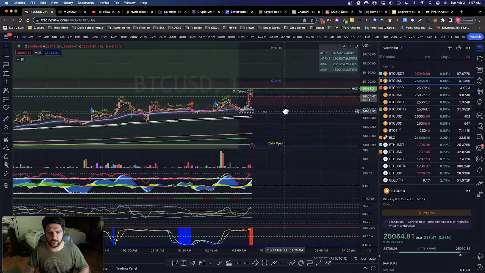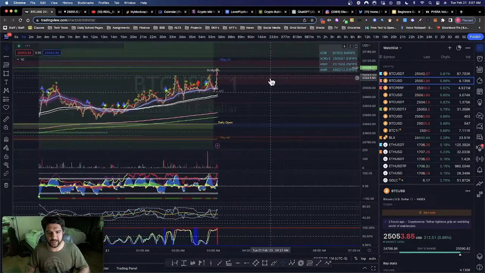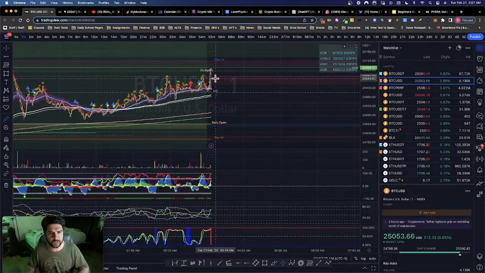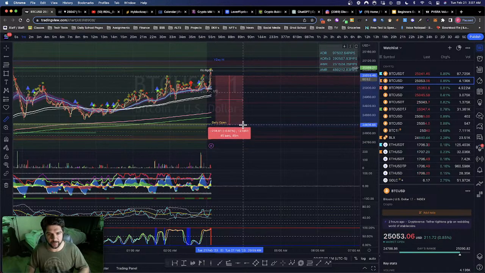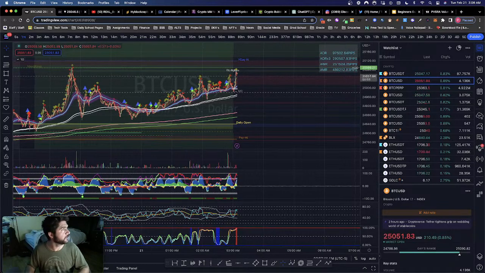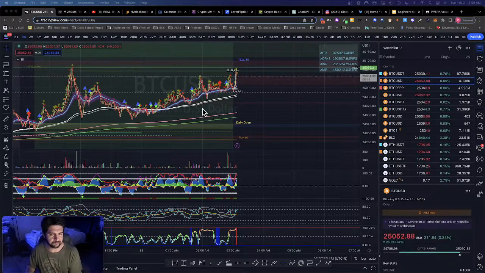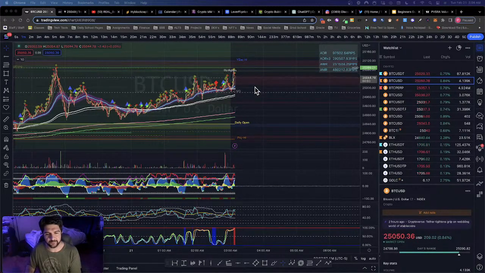Now, I think my take profit would just be probably right down here by the daily open. That's the general idea, you don't get too greedy.